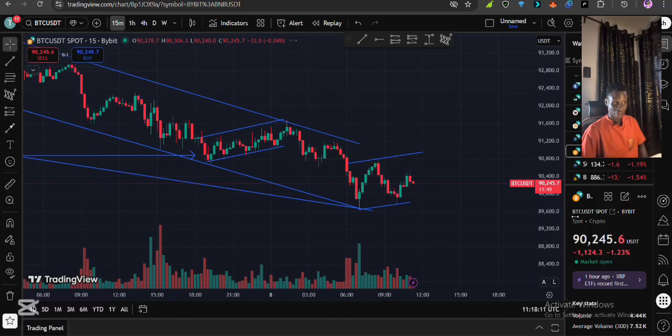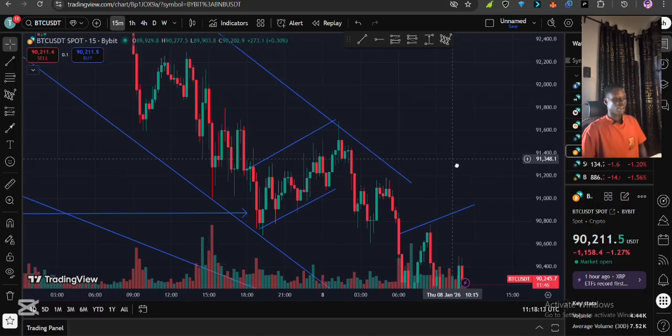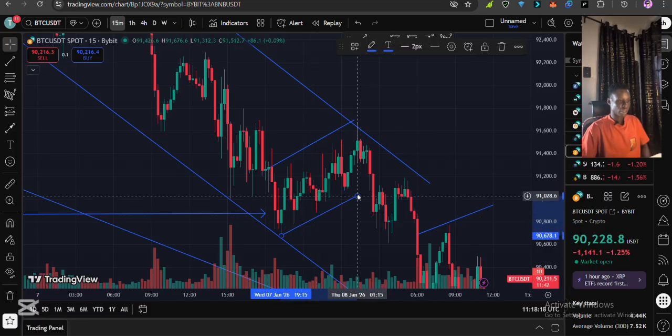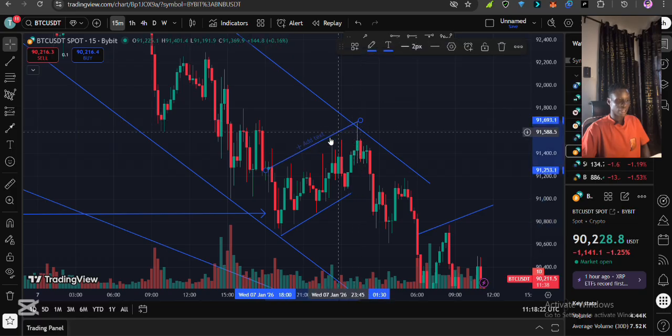Let me switch to 15 minutes so that you can see what I mean by 1:3. You can see from this point we have our bear flag that touches our trending line.